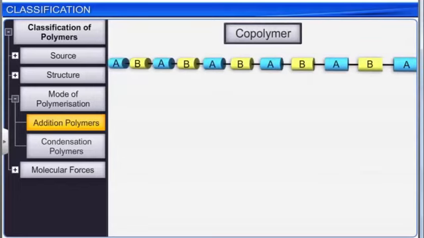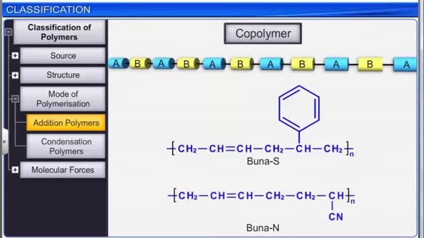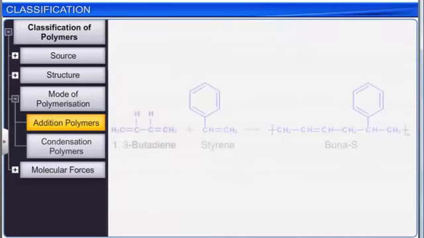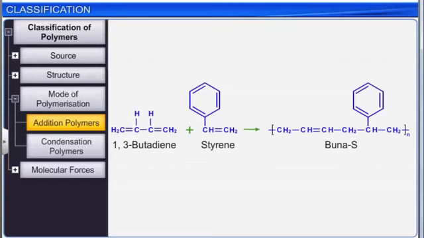Two important examples of copolymers are Buna S and Buna-N. The general scheme for the addition reaction for Buna S is shown here. 1,3-butadiene and styrene combine to form a butadiene-styrene copolymer.